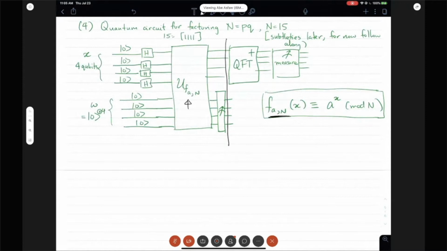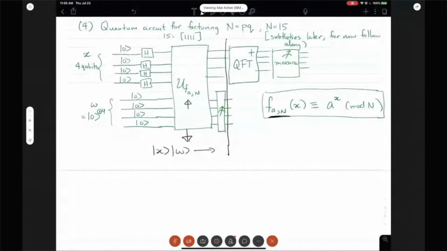As you've seen in the discussion in your first two lectures, quantum algorithms have to be, in general, reversible. So what you have is X and W. If we look at a little bit more detail about this box, X and W go into this box, and what comes out is X and W XOR F of X. And this F is the same function that we wrote up here.